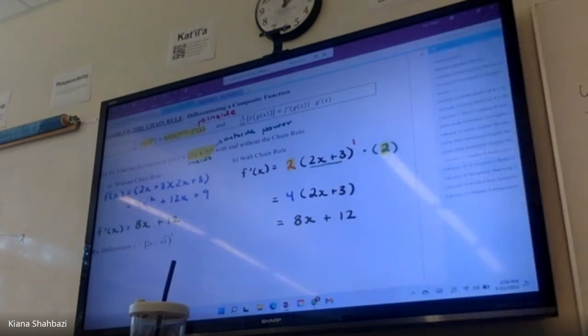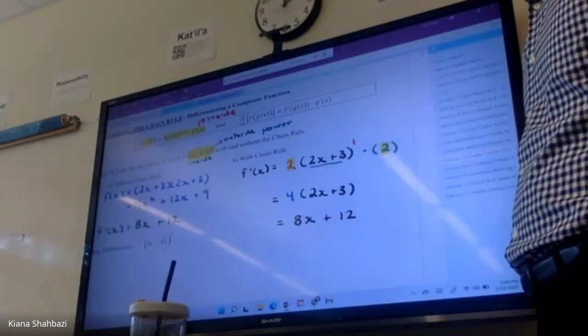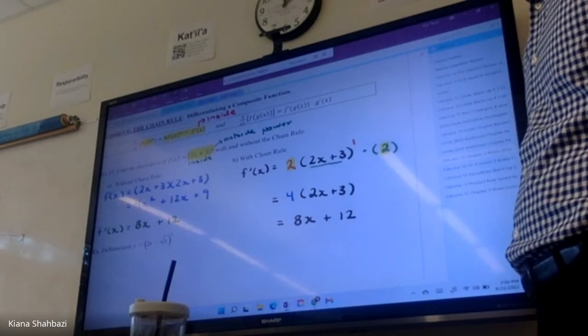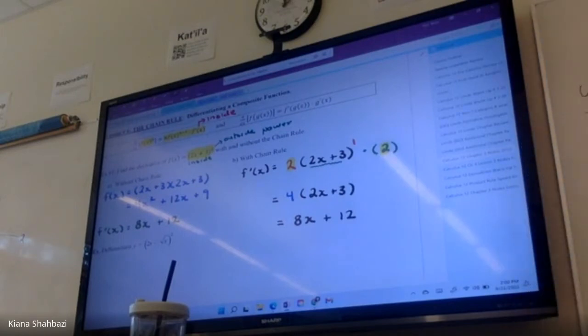The point of the chain rule is only to find the derivative. If you input a number for x, it would still be the derivative, not confirming anything. That's the last thing you do.